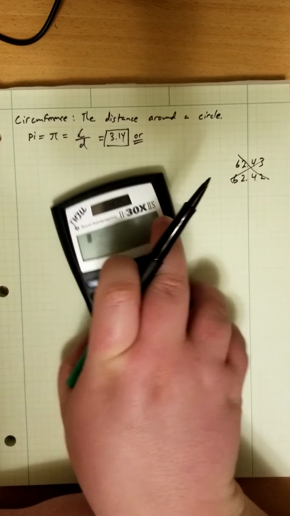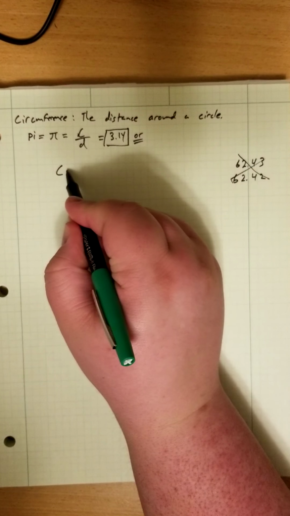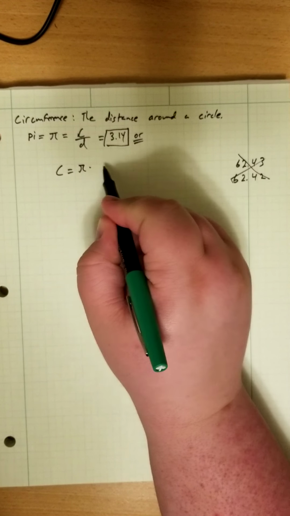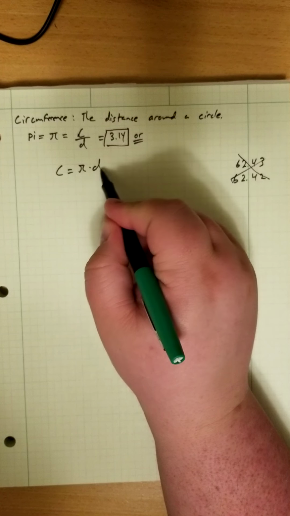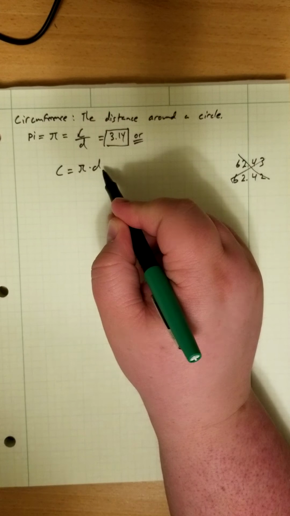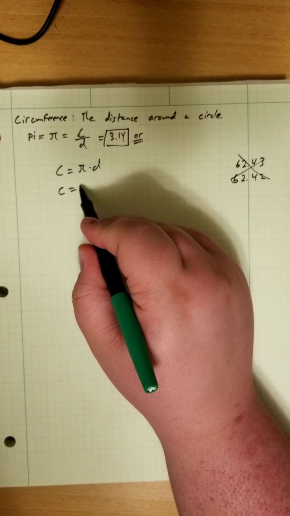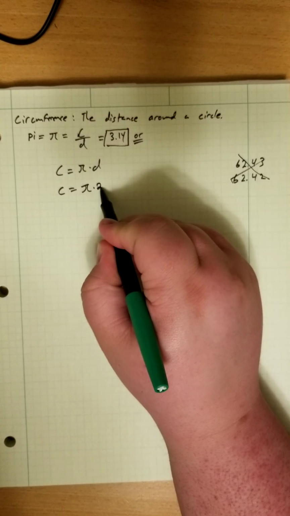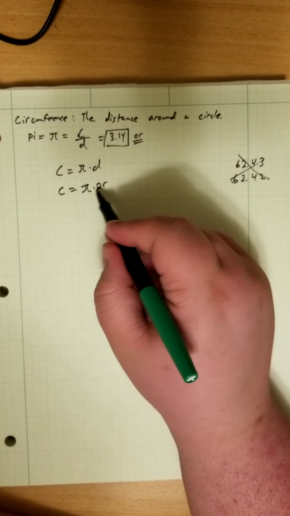So the circumference of a circle is equal to pi times the diameter. Or if I wanted to rewrite the diameter as radius, the circumference would equal pi times 2r, two times r.